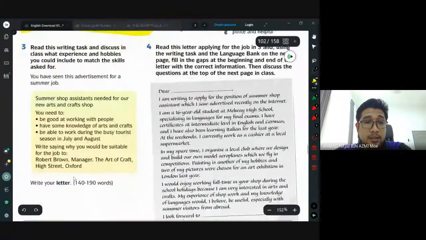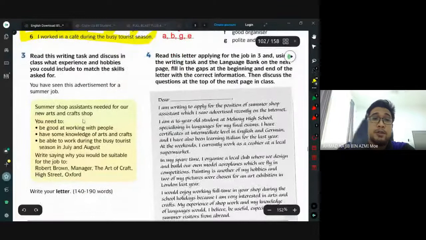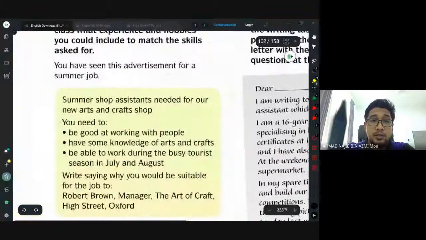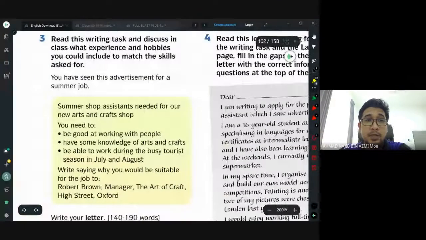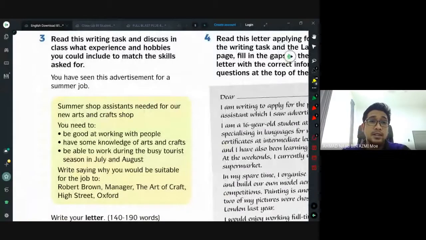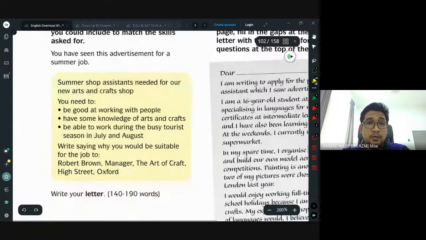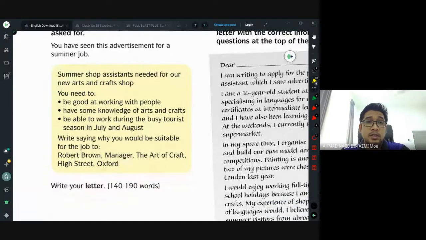Okay, so now let's take a look at an example of a question for SPM. Read this writing task and discuss in class what experience and hobbies you could include to match the skills asked for. So this is the question. You have seen this advertisement for a summer job. Ini soalan kedua kalau kertas writing tu.